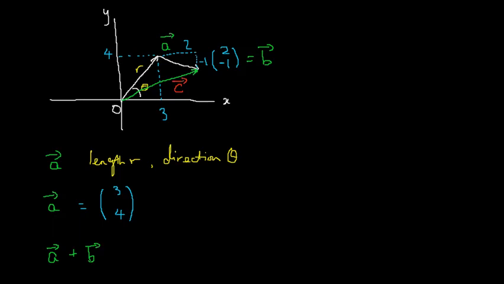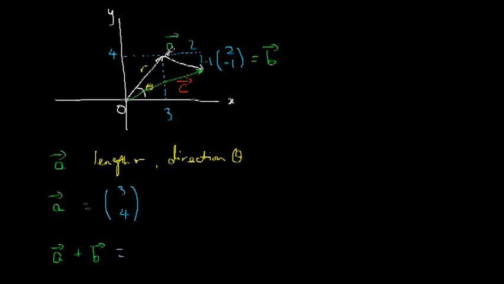Let's see how to do that. Now, when we go from the tail of A to the tip of A, we move in the x direction by 3 units. Okay, and then we reach the tip of A. And from the tip of A, if we now move along the vector B, from the tail of B to the tip of B, we move to the right by 2 units.